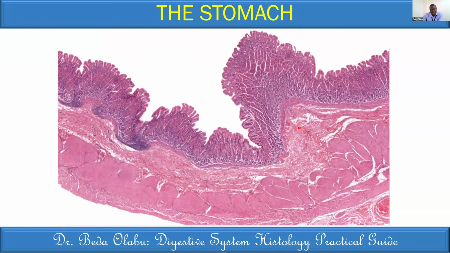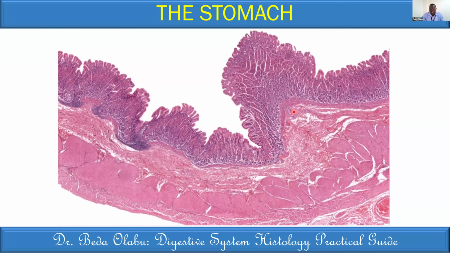Now, going back to the slide, still we started on the stomach, you can see this fold of the submucosa. And because of this fold, there's a translated fold on the mucosa. So these are the ones that give us the impression of the rugae. Now there's that one, there's this one here, there's another one there. So because of these submucosal folds, the mucosa has those indentations, which we call the rugae.